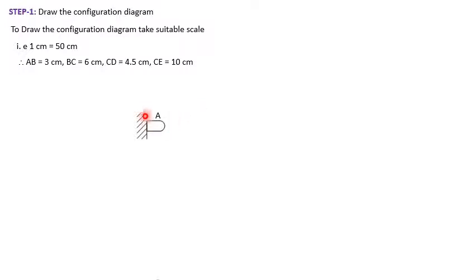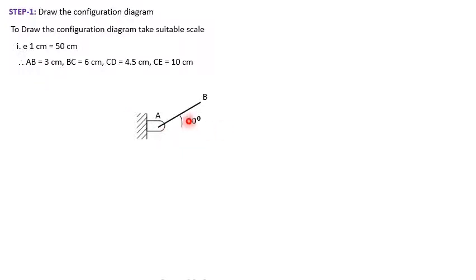Therefore, first I will fix the point A. Next, from this point, I will draw the crank. The crank is AB, its length is 3 centimeter, at an angle of 30 degrees with respect to the horizontal. So draw a line; this AB represents the crank.